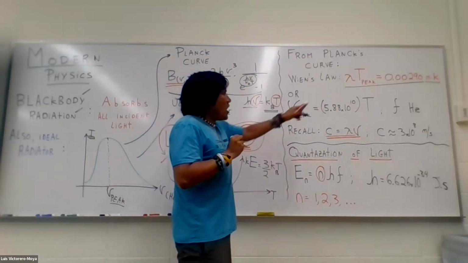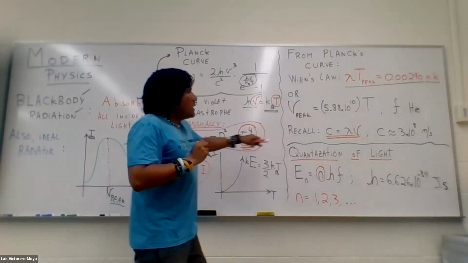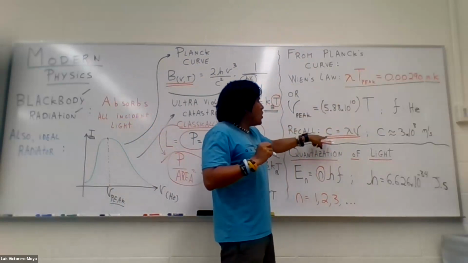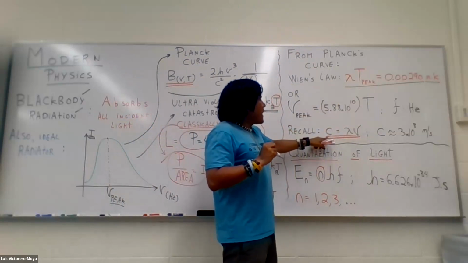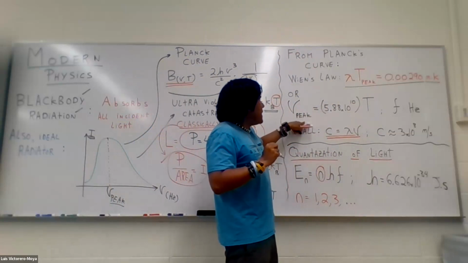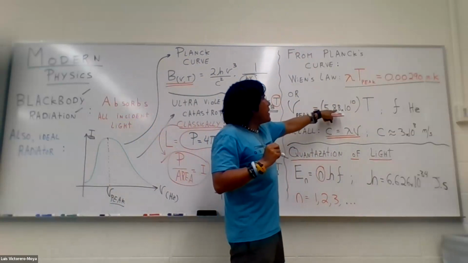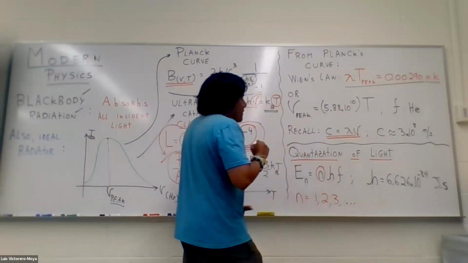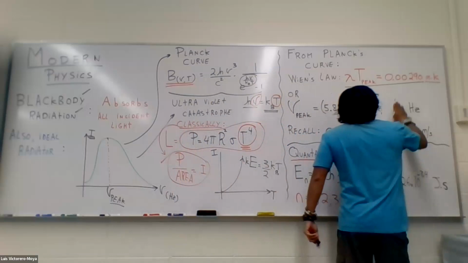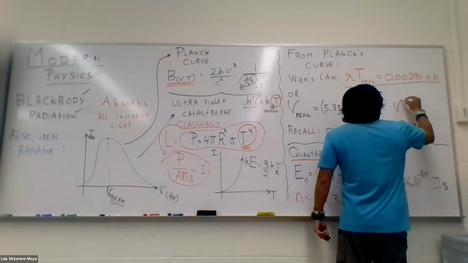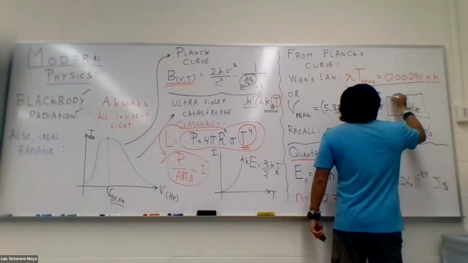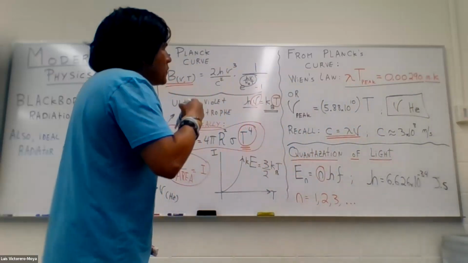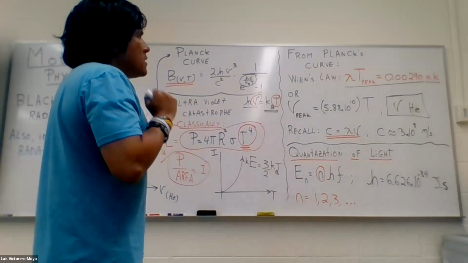So I can change this equation by doing lambda equals C over frequency, and then I can find that the frequency at the peak is equal to 5.88 times 10 to the 10 times the temperature at the peak, where the frequency is in hertz. All right? So there are two ways to express Wien's law.